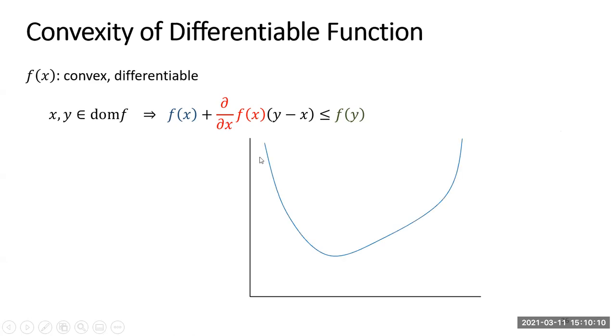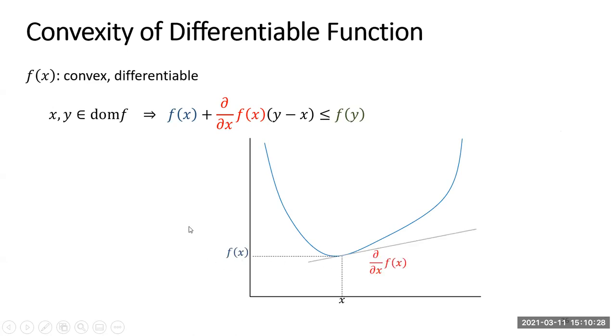Illustration. Okay, so this is the domain, x and y in R, on this x-axis, and then this is f. So I take a point x, this is f of x.